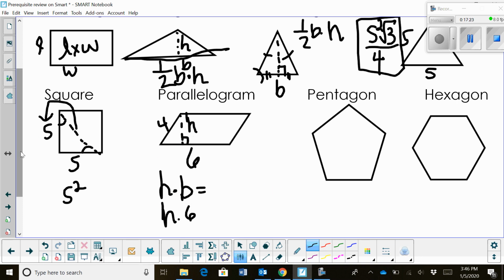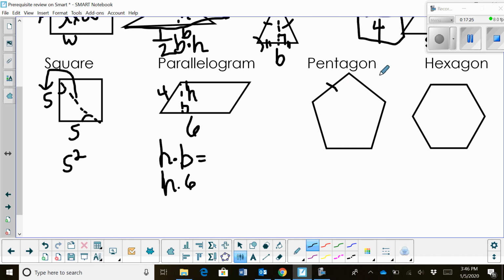Okay, pentagon and hexagon. We're going to assume that these are regular polygons, meaning all the angles are equal at the vertices and all the sides are equal. So if that's the case, then we can use 1/2 AP, where A is your apothem and P is your perimeter.